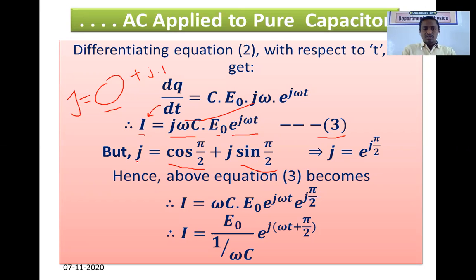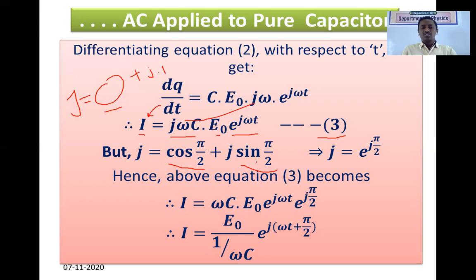So j can be written as cos pi by 2, equivalent to 0, plus j into sin pi by 2, and sin pi by 2 is 1. So j equals cos pi by 2 plus j sin pi by 2.